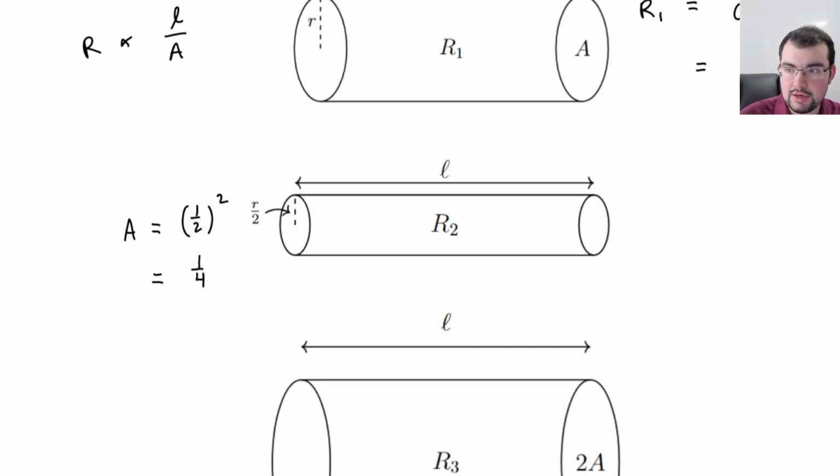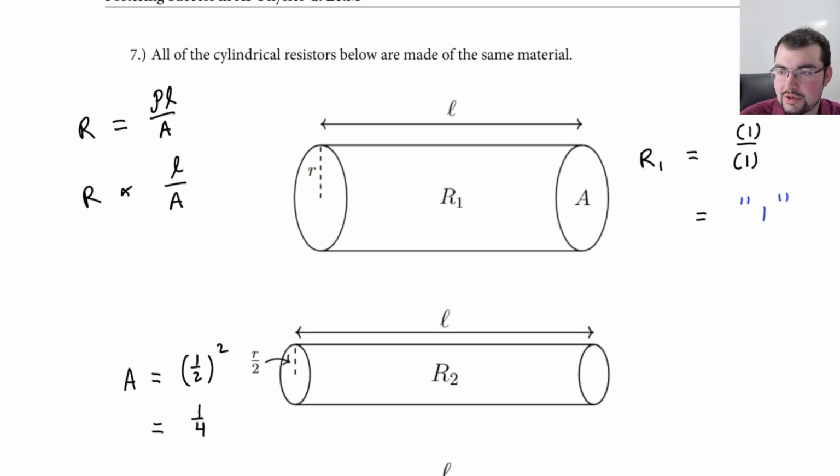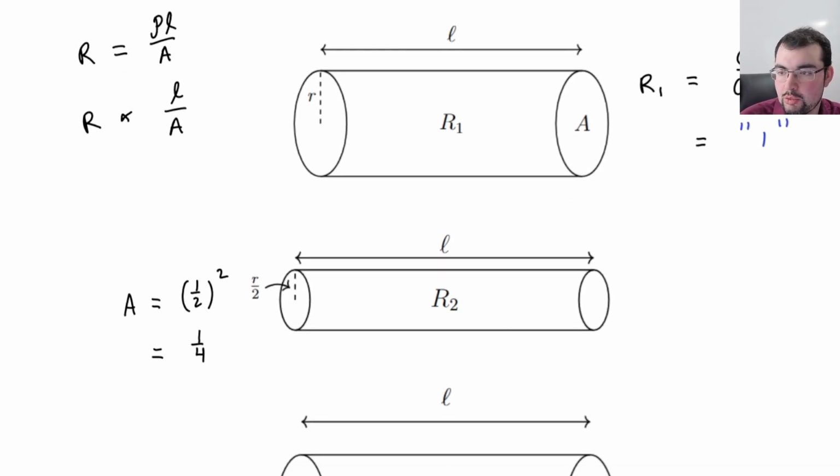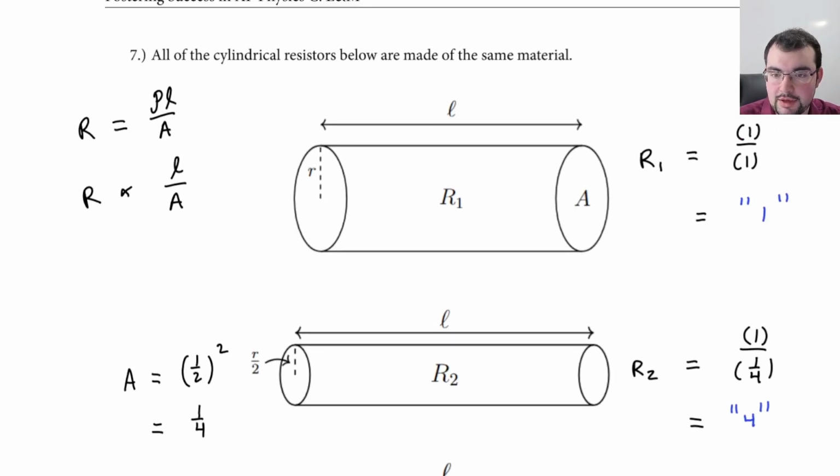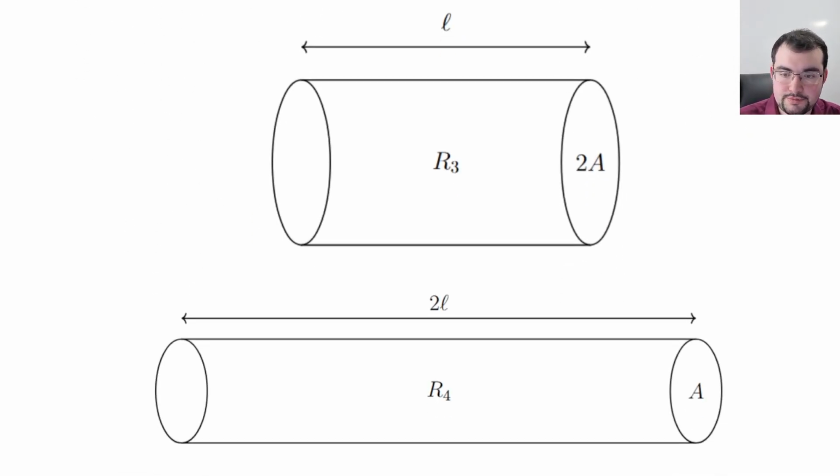Because I halved the radius, you 1/2 square the area. So R2 is going to be, the length is still 1, but the area is 1/4. So it makes sense that this is going to be a much larger resistance than we got before, because it's the same length, but I quartered the area, so I restricted that. So we started with 1, now I have a resistance of 4.